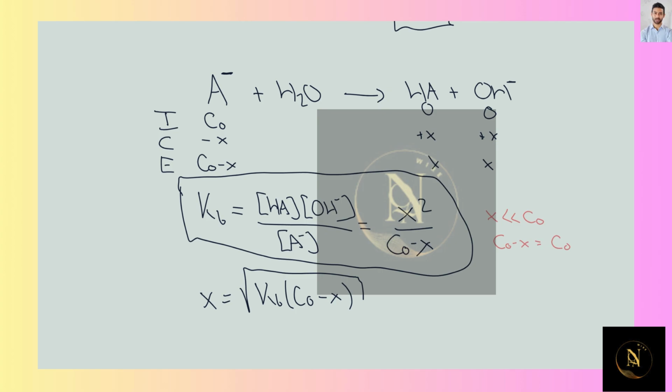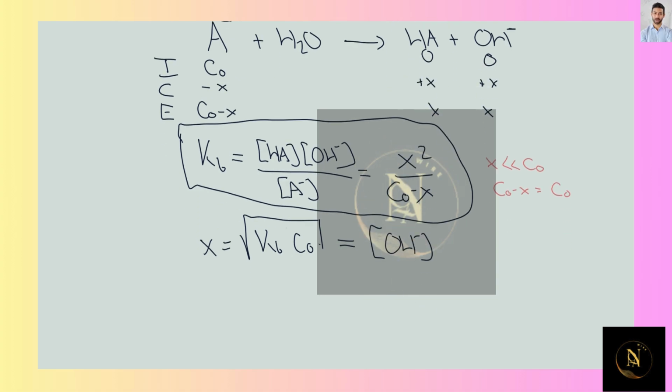So our equation over here becomes much simpler, right? And remember that this would be the concentration of OH minus. So after we have solved for this value for all of the acids, what we can do is get the pOH and then get the pH as 14 minus pOH.